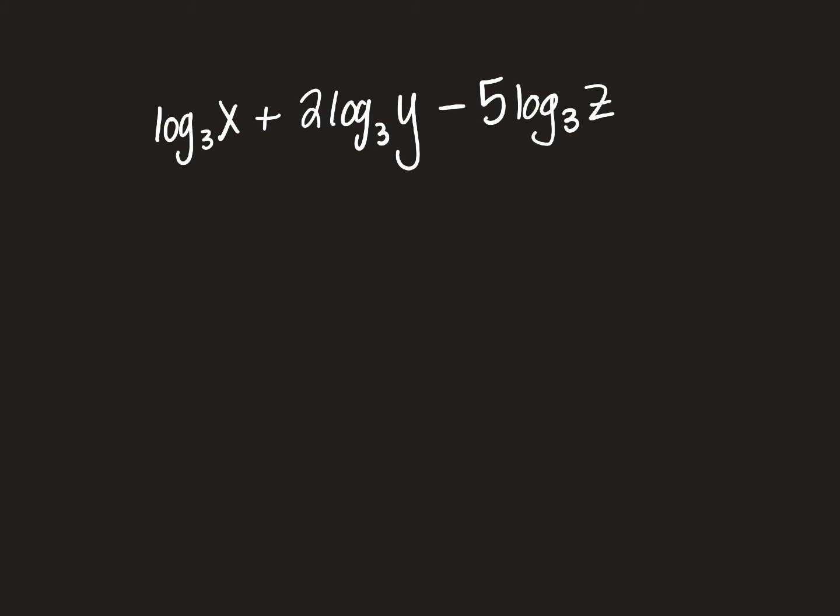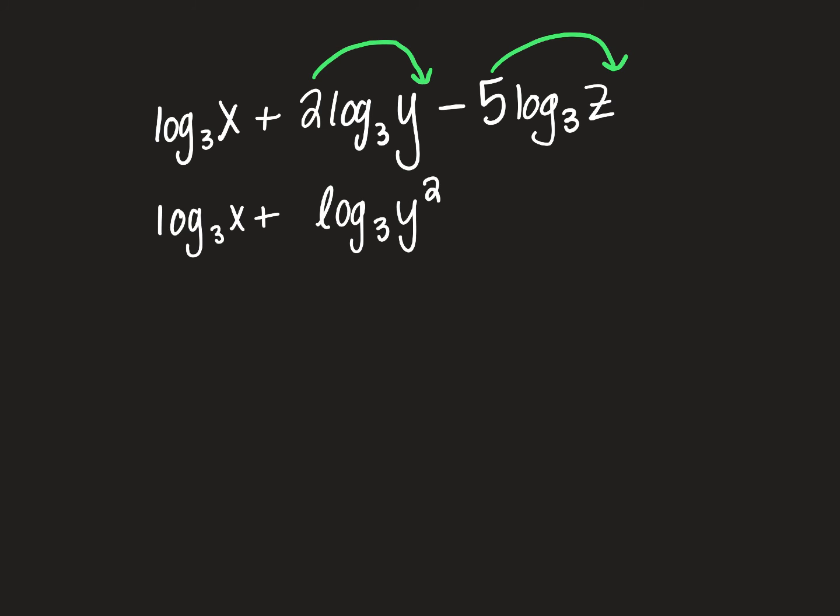All right, so for these, we're going to go in the opposite order. We're going to put our exponents back first. So since we have coefficients here, we're going to make that a y squared. We're going to make this a z to the 5th. So we're going to go backwards from the order we did for expanding. So we have log 3 of x plus log 3 of y squared minus log 3 of z to the 5th.